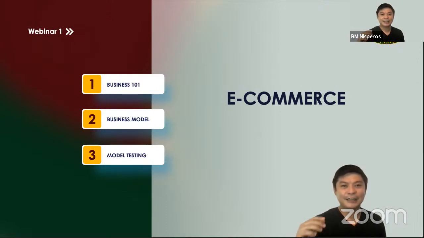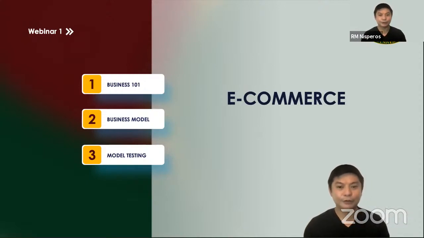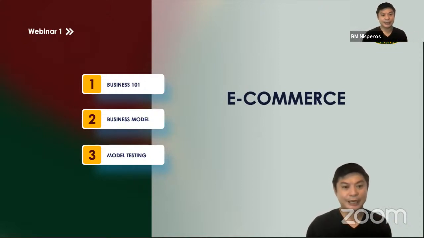You just need to identify in simplest terms sino yung target market mo, bakit yun ang pinili mo, anong problema nila, ano yung ginagawa nila to address the problem, and how would you address using your product and service. Simple answers would do. And we would build on those simple answers as we do the business model and the model testing.